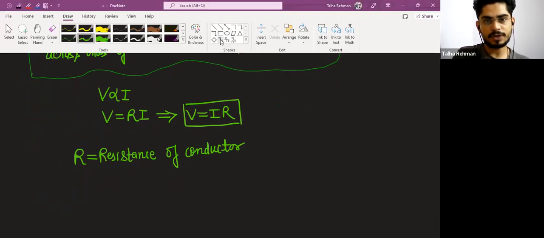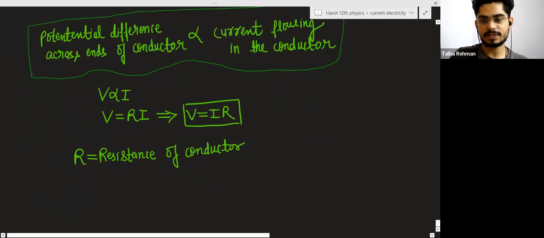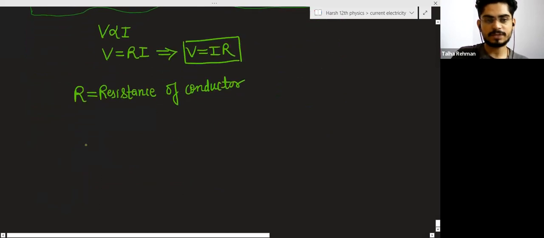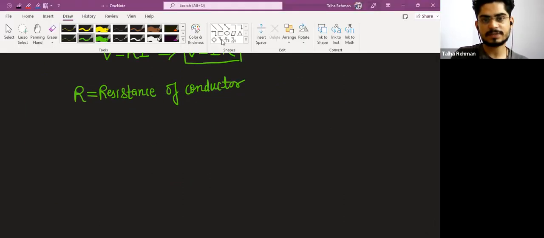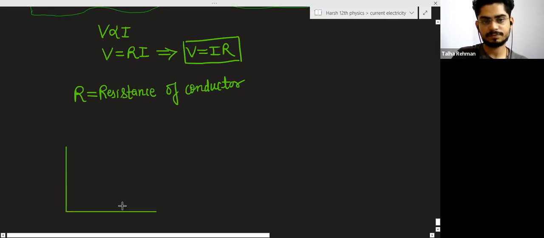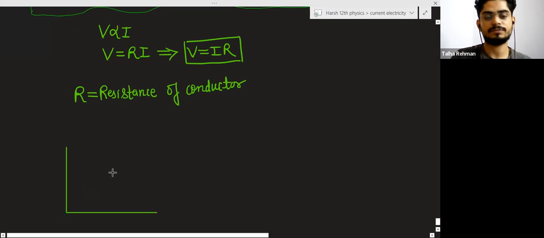And if you plot the graph of voltage versus current, you will get a straight line graph.